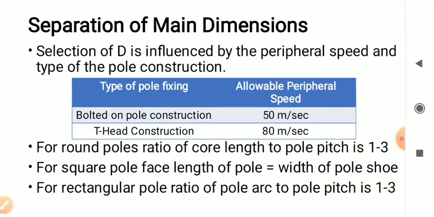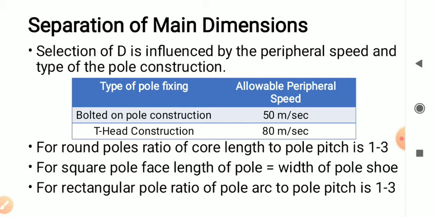Now, let me discuss the separation of main dimensions. Once we calculate the product D square L from the output equation, the next step is to separate the D and L from the main dimensions, from the D square L product. And usually the D is influenced by the peripheral speed and the type of the pole construction.